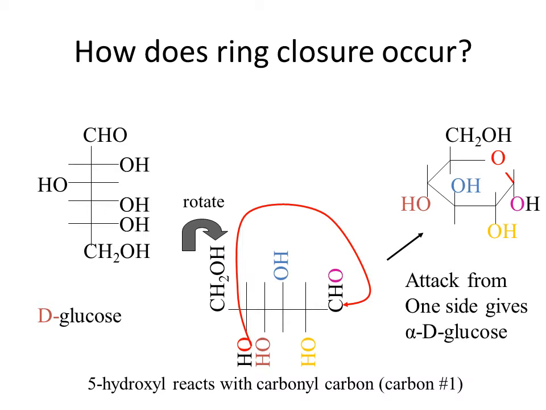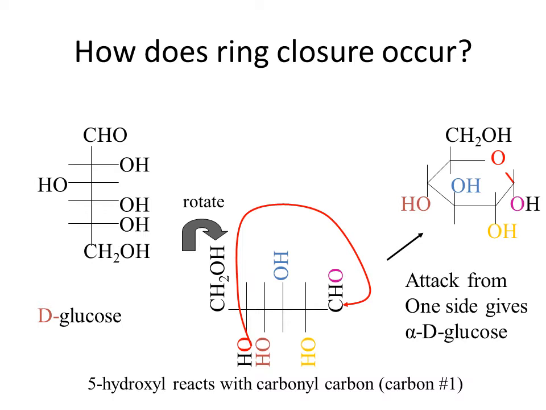The Haworth projection: you can see that the oxygen that's in red comes around and it's going to attack the carbon of the carbonyl. Over here on the Haworth projection on the right, you can see the oxygen and then the line going to the carbon now are in red because that's where the bond is formed.